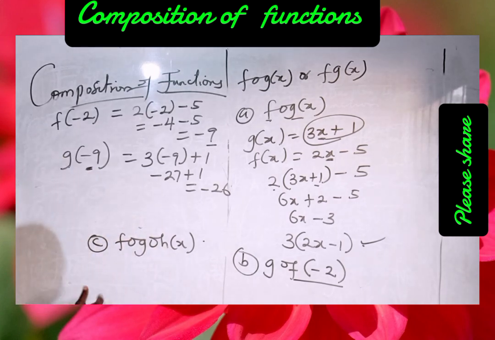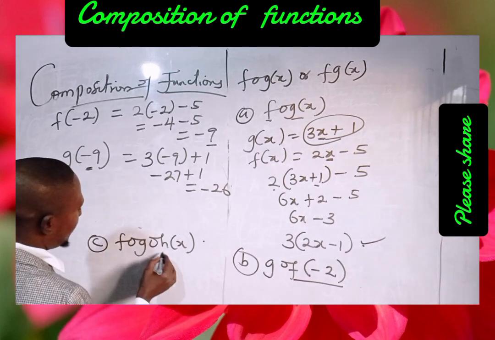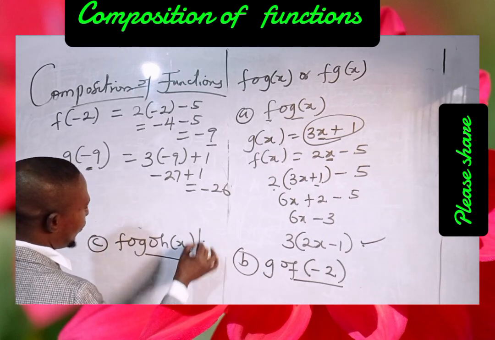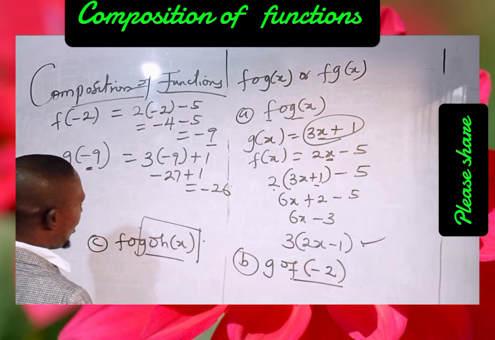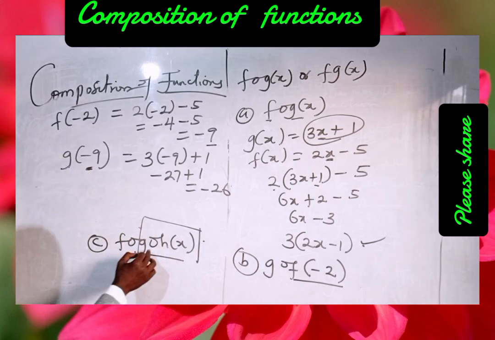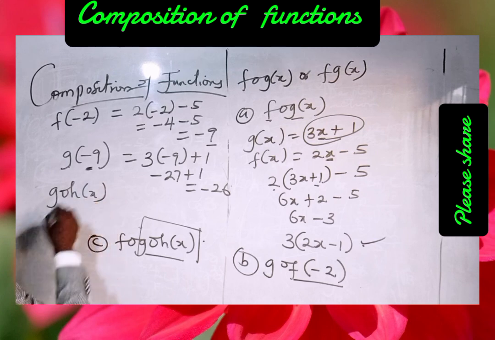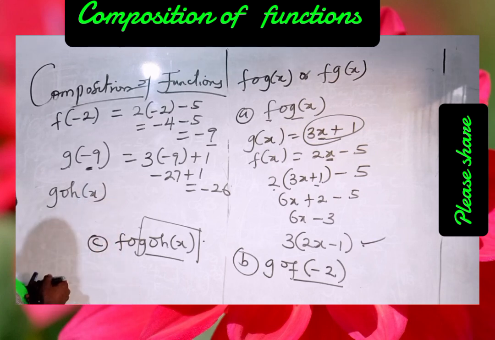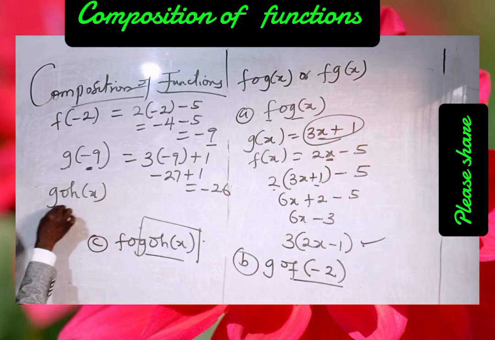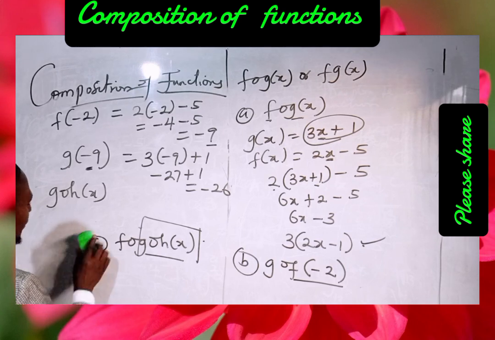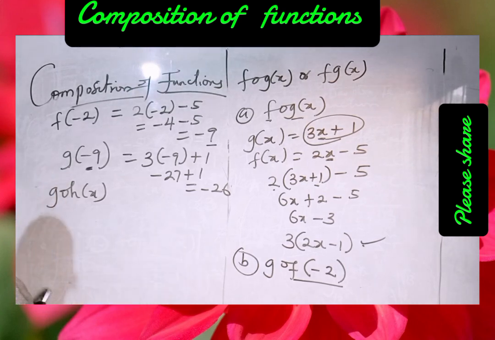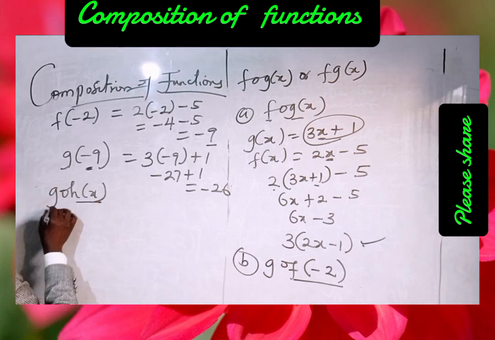Now, f of g of h of x. Good. Before we do this, we first and foremost find g of h of x. G of h of x implies put h of x in g.